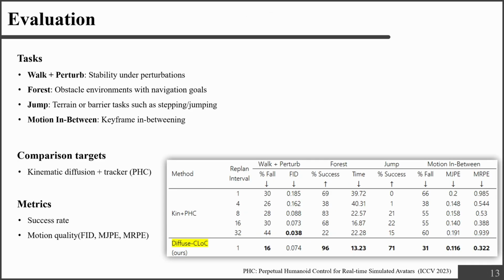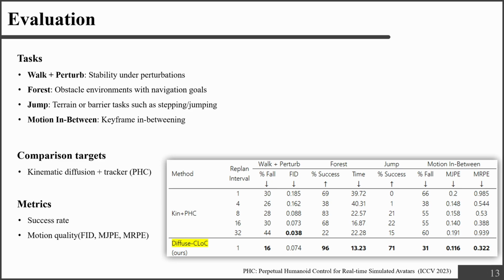Evaluation focuses on both feasibility and controllability. Feasibility is measured by stability-related outcomes: falling, failure to execute actions, or inability to satisfy dynamics and contacts.